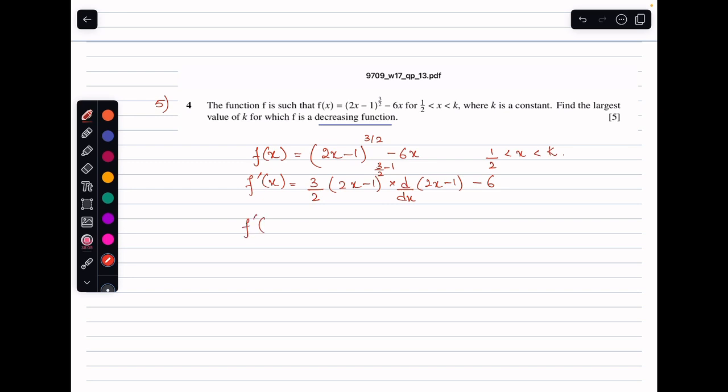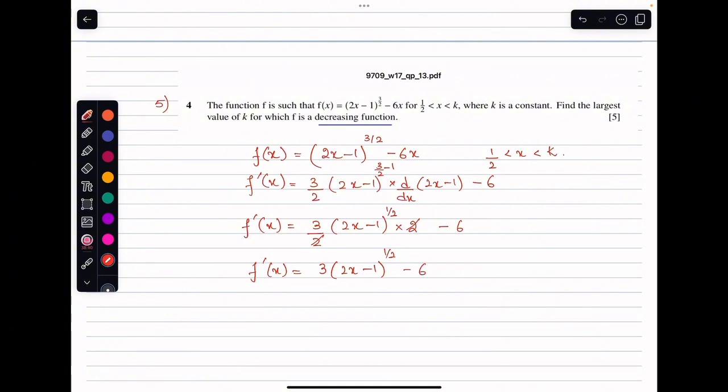So f prime x shall be equal to 3 by 2 times (2x minus 1) to the power 1 by 2, because 3 by 2 minus 1 gives 1 by 2, and the differential of 2x minus 1 is just 2, and I'll be left with negative 6. So this 2 gets simplified, and f prime x is 3 times (2x minus 1) to the power 1 by 2 minus 6.